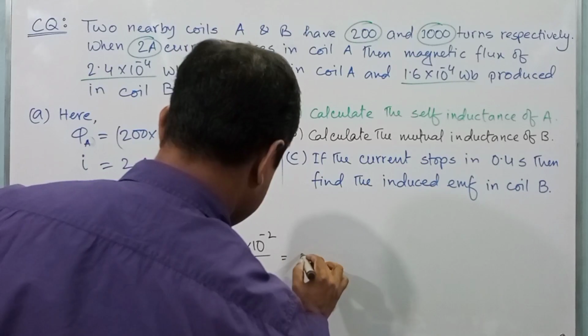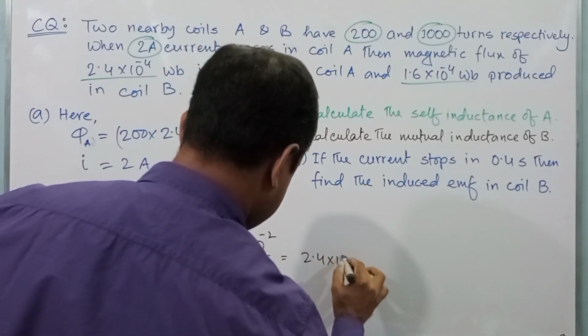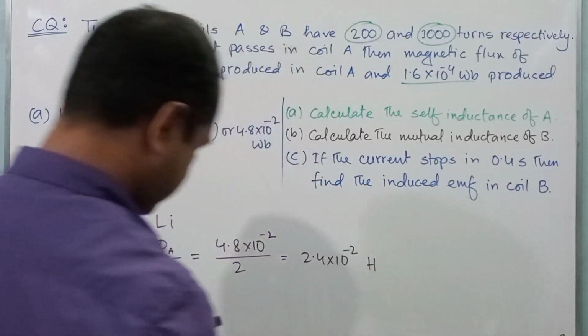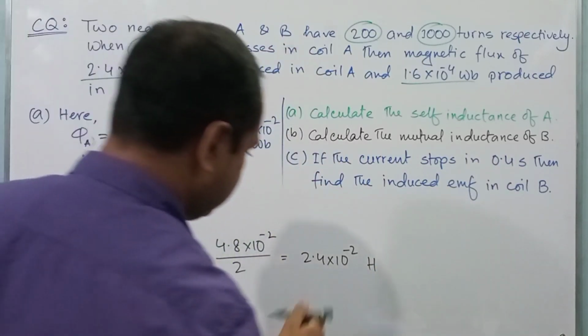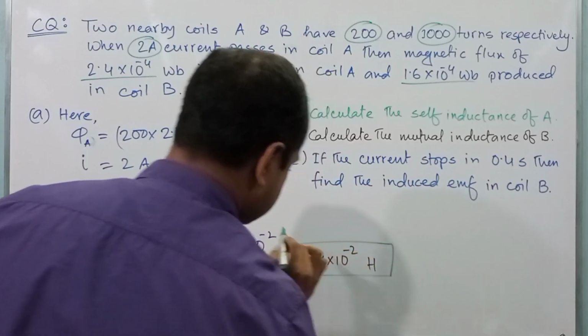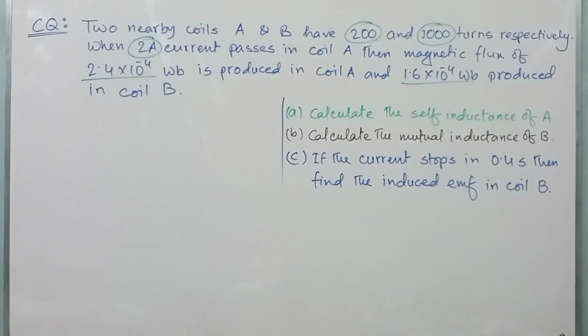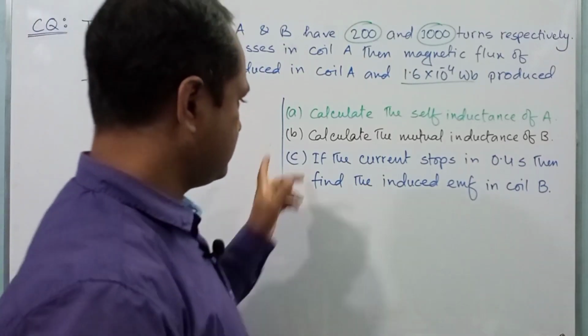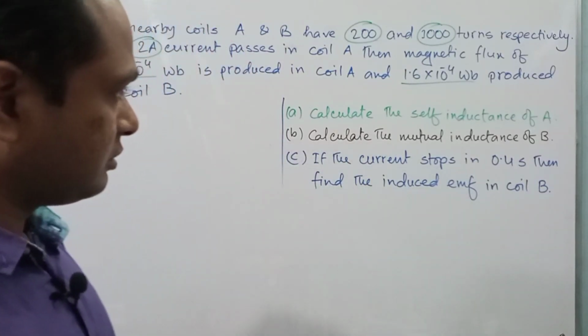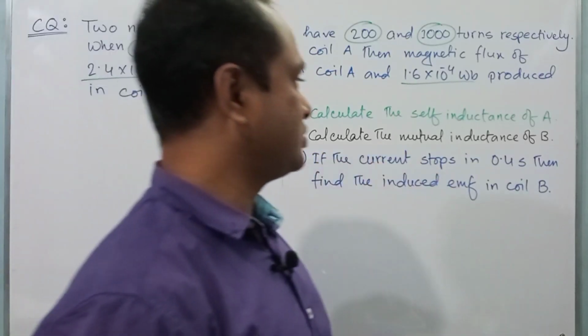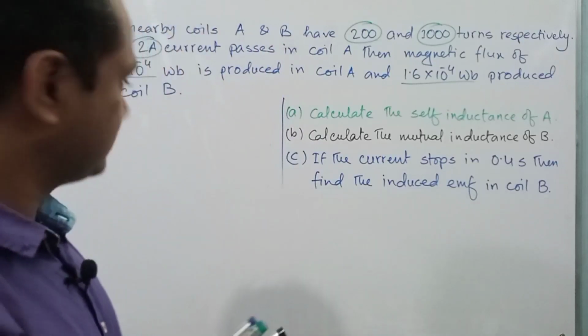So we will get 2.4 into 10 to the power minus 2 Henry. This is the final answer for question A. Now we are going to solve our next question, that is question B. We have to calculate the mutual inductance of B.